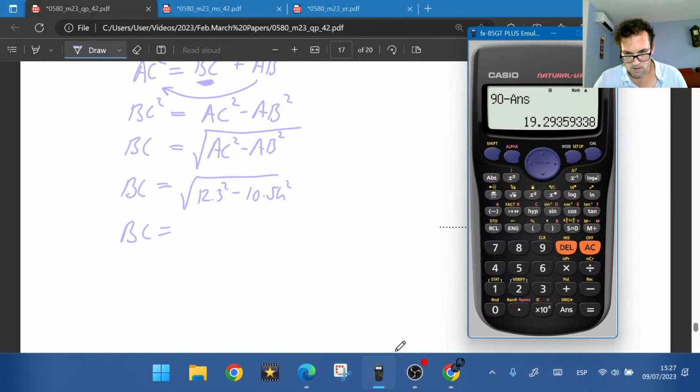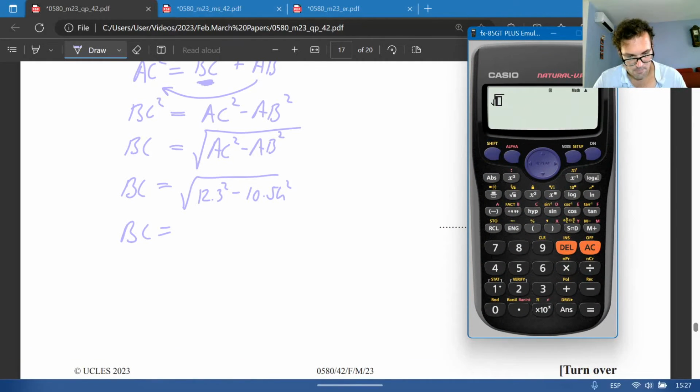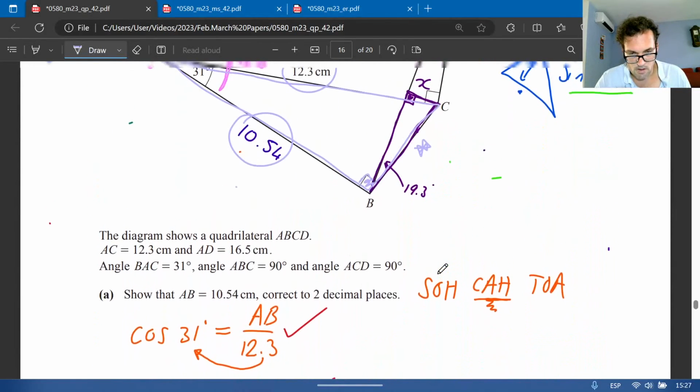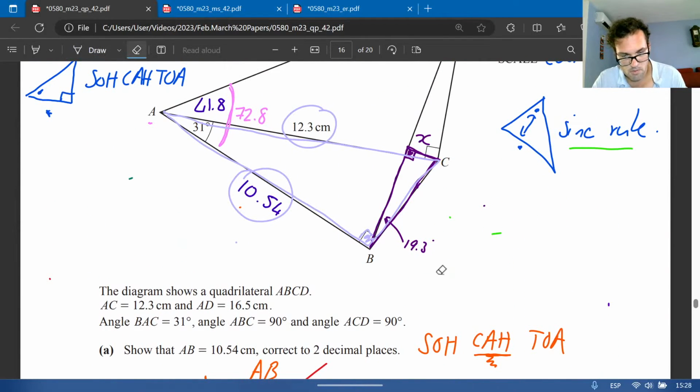Let's put that in. Don't round this: 6.34022. Lots of digits means our answer stays accurate. So we now know this is 6.34022, etc.